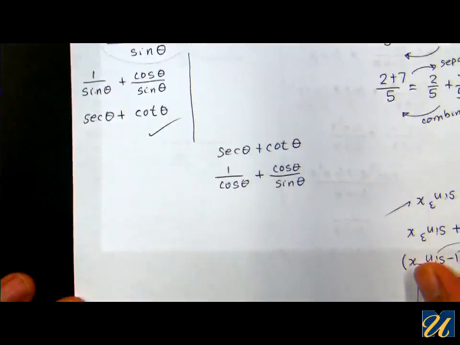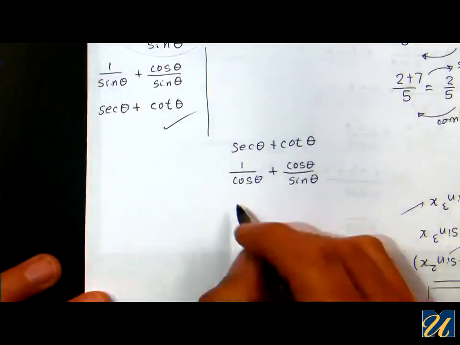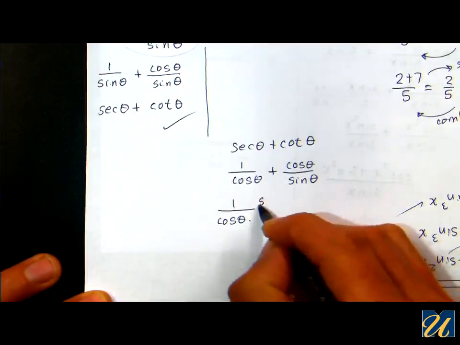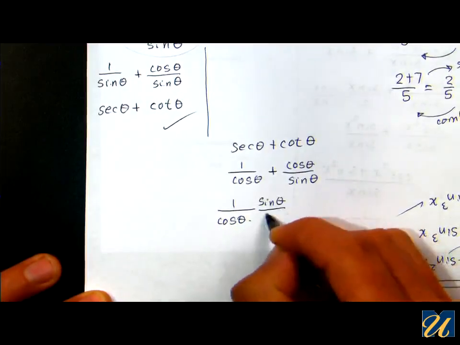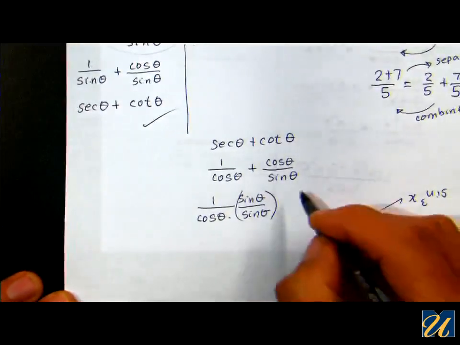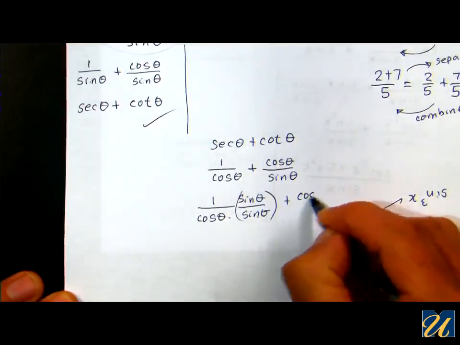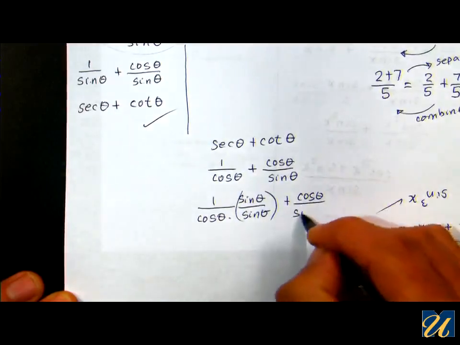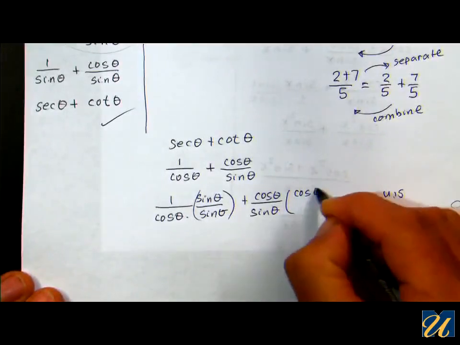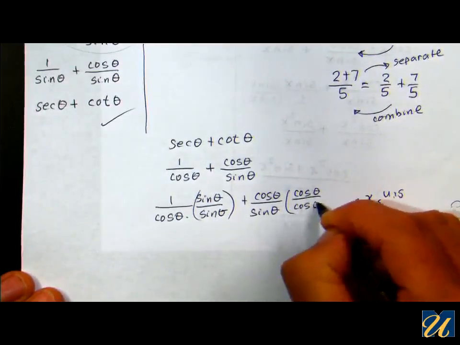And then I'd have to add that together, but I'd need a common denominator. So I'll have to take this one and multiply by sine theta over sine theta. And I'd have to take this one and multiply by cosine theta over cosine theta. So I'm just looking for common denominator here.